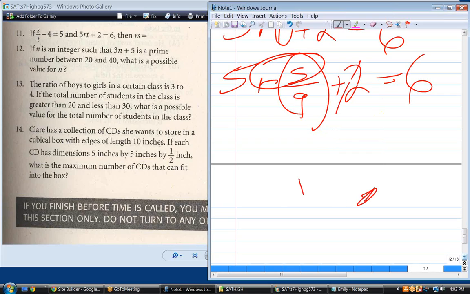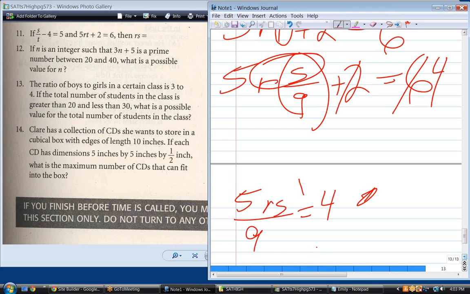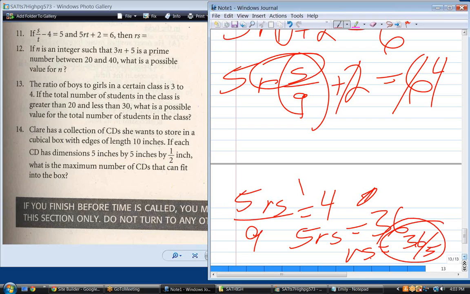So that's equal to 4. And then we have 5RS over 9 equals 4. 5RS equals 36. RS equals 36 divided by 5.